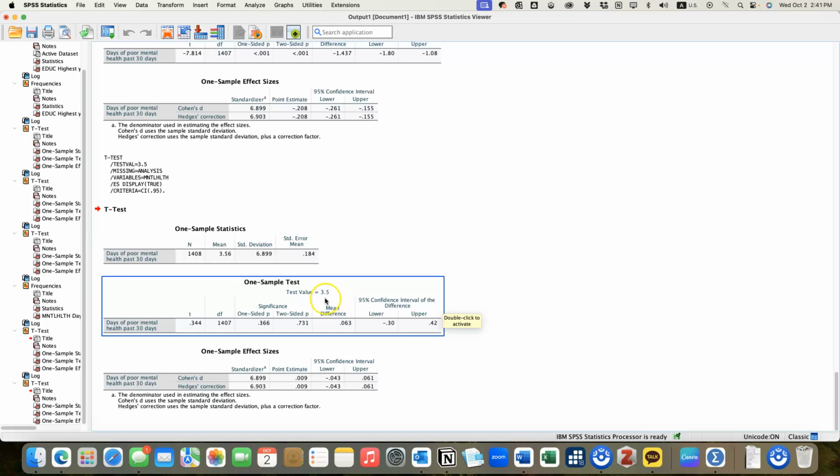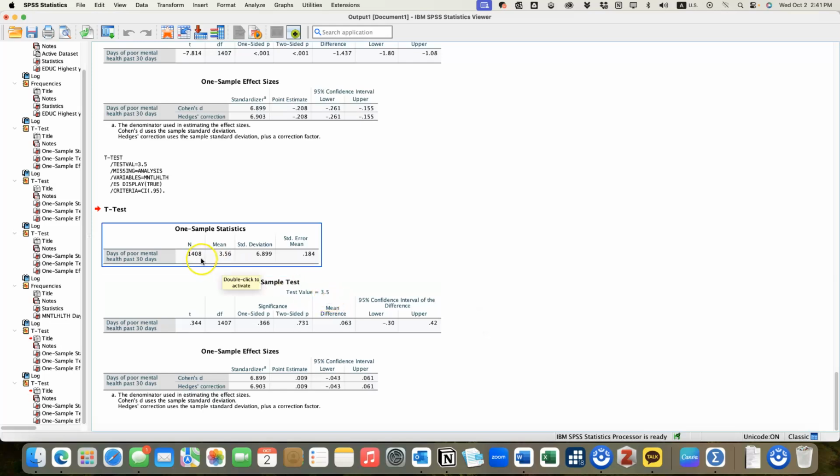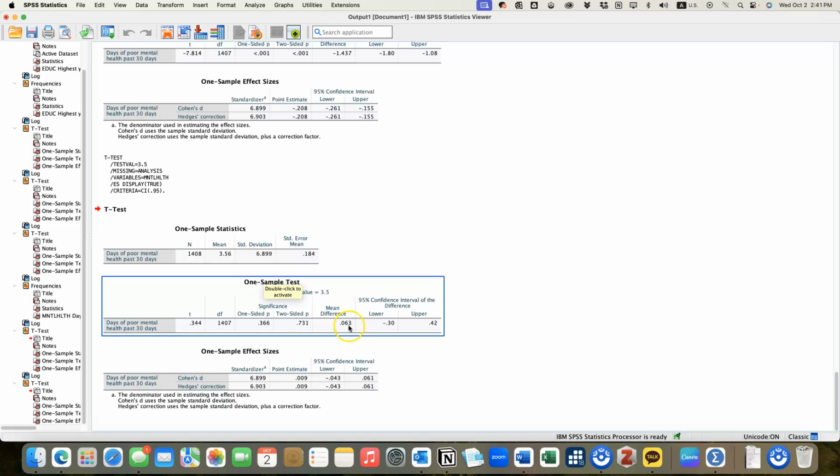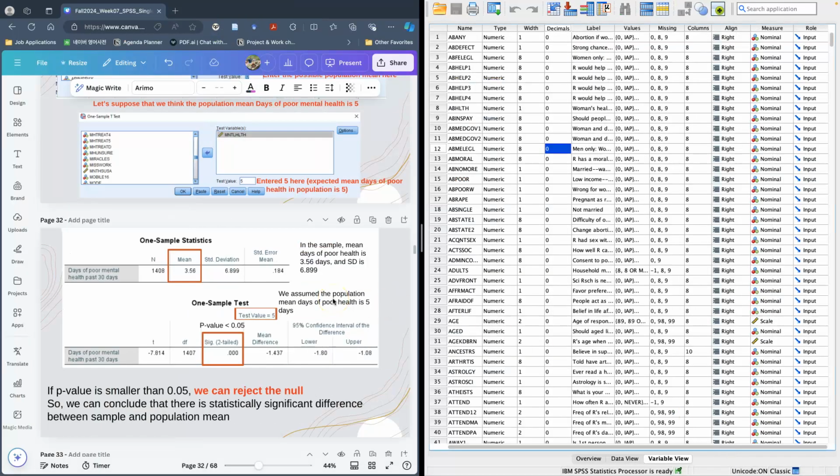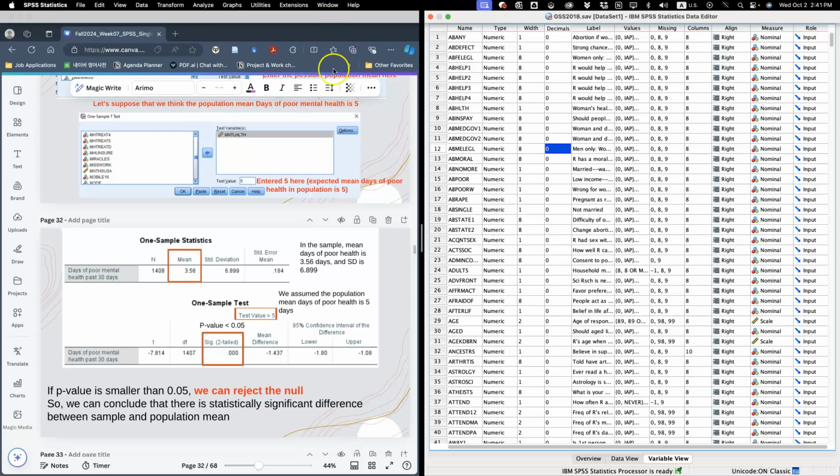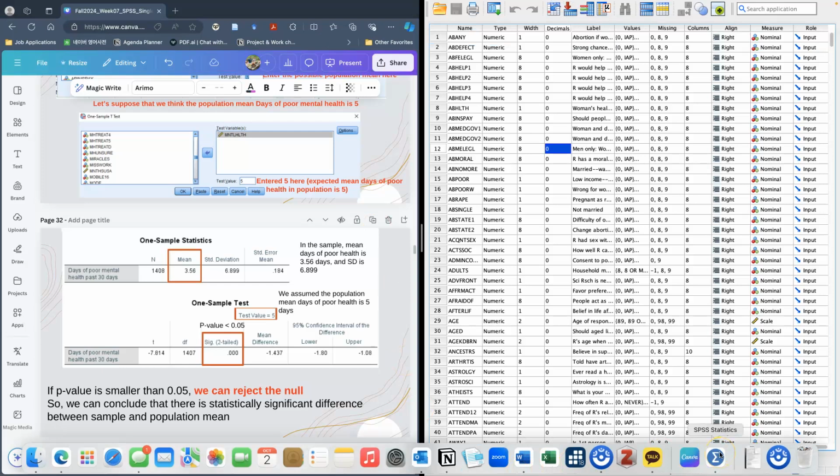Okay. So comparing 3.5 and 3.56, because the null hypothesis was saying that there was no difference, there is no statistically significant difference between the population mean and the sample mean in terms of the poor mental health days. Okay? So the terminology and creating the arguments in the statement in the language is a little bit tricky, but it will help you to work on your lab assignment and the incoming exam.